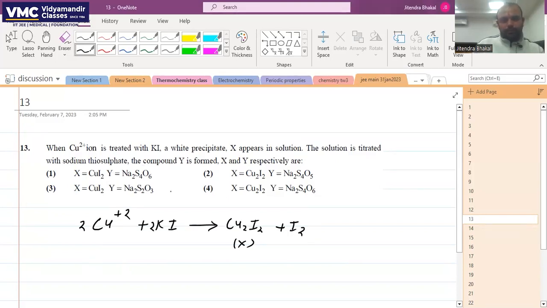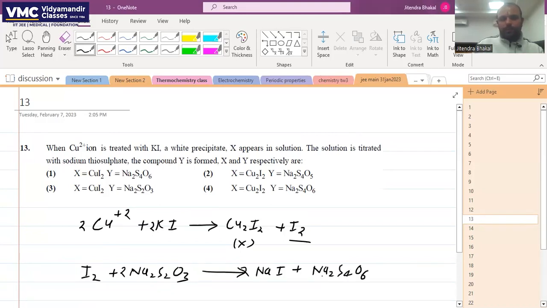When the solution is titrated with sodium thiosulfate, the compound Y is formed. This I2 will react with sodium thiosulfate, I2 with Na2S2O3, and it will give 2 NaI and Na2S4O6.